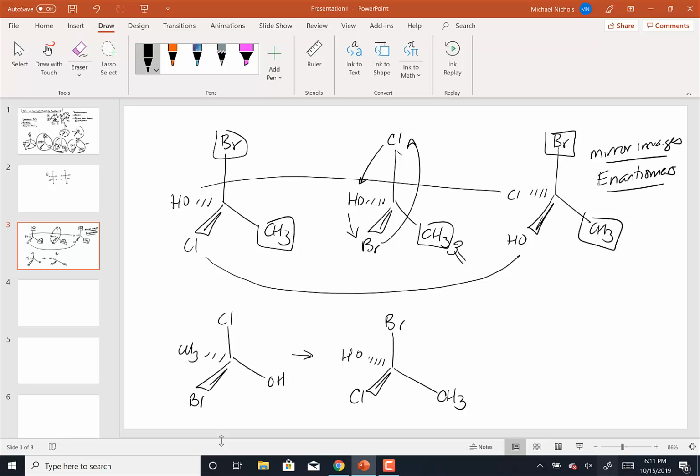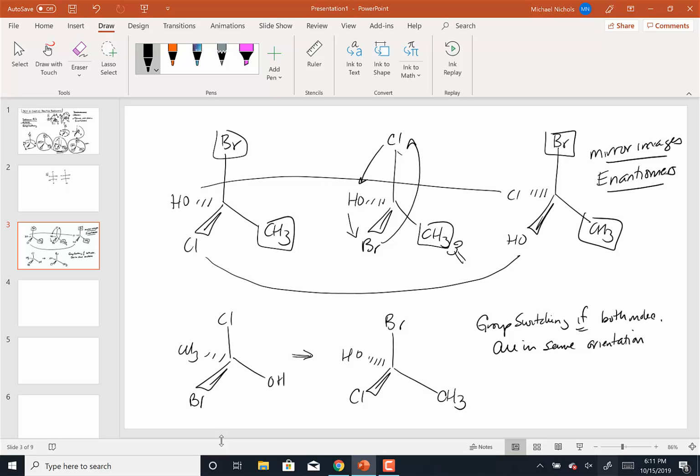So a couple things about group switching. Number one, you can only use this group switching technique if both molecules are in the same orientation. And so that means for this one, all the bonds in the plane have to be pointing in the same direction.